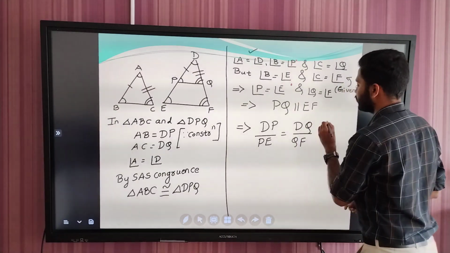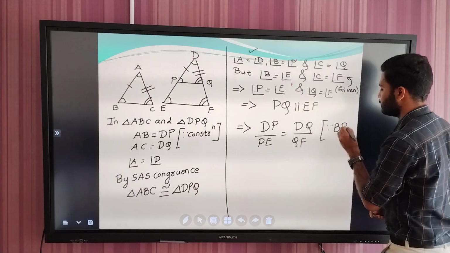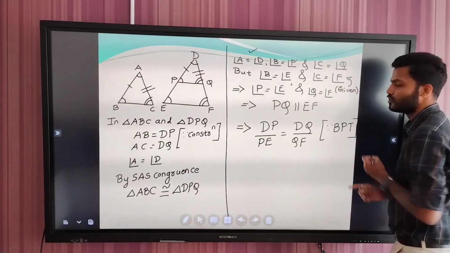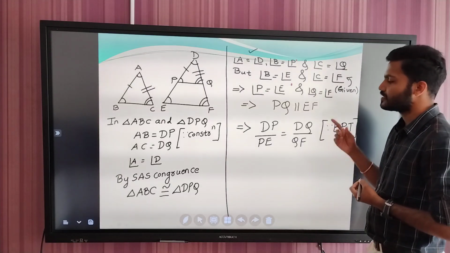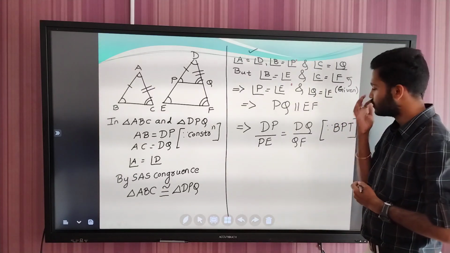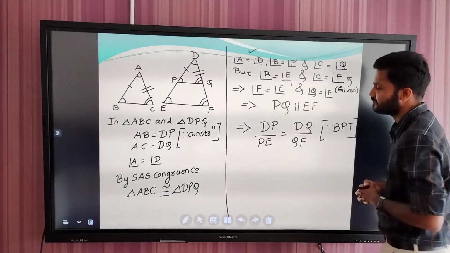This is according to the basic proportionality theorem. So DP upon PE is equal to DQ upon QF. This is nothing but our basic proportionality theorem, right?